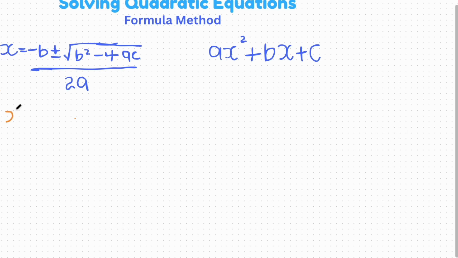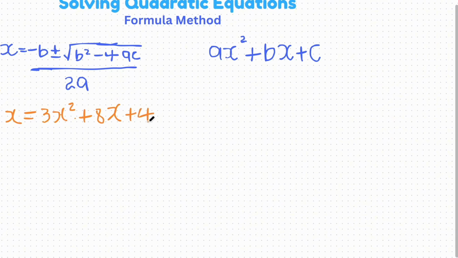So solve this equation: 3x squared plus 8x plus 4.